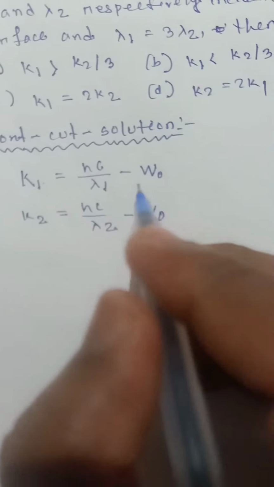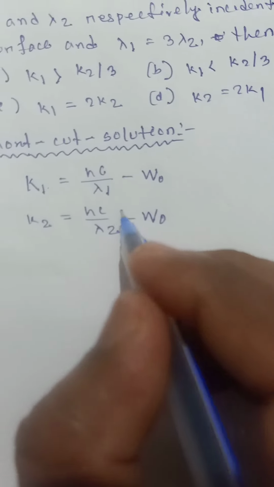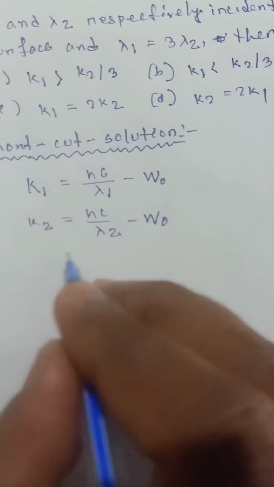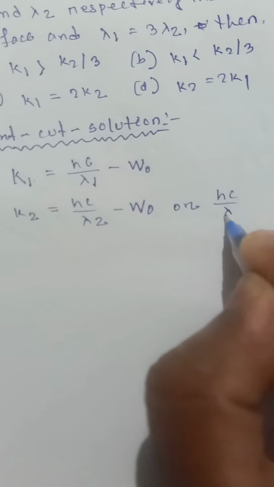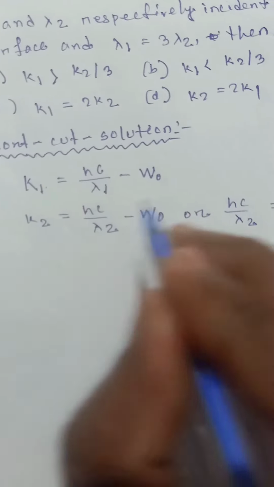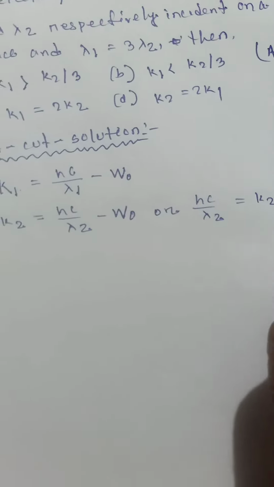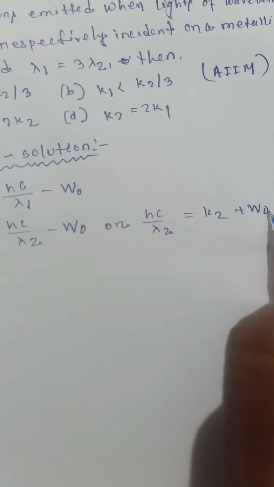So hc by lambda 2 can also be written as K2 plus the work function W0, since the work function is moved to the other side.